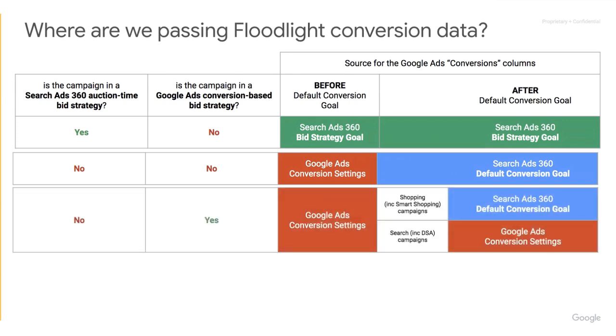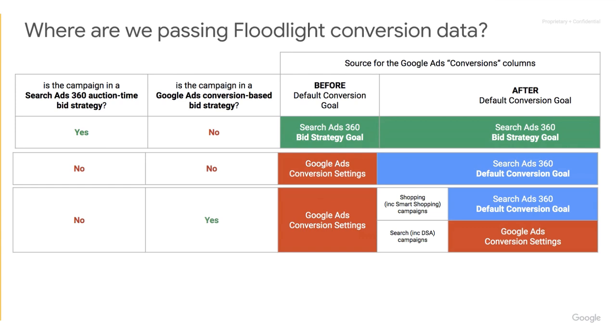For campaigns that are using Google Ads bid strategies, for example, target CPA and target ROAS, but outside of Google Ads and not Search Ads 360, it gets into two further steps. For smart shopping campaigns, your SA360 account will use the default conversion goal to optimize these, and the Google Ads conversion setting will also change into the default conversion goal.